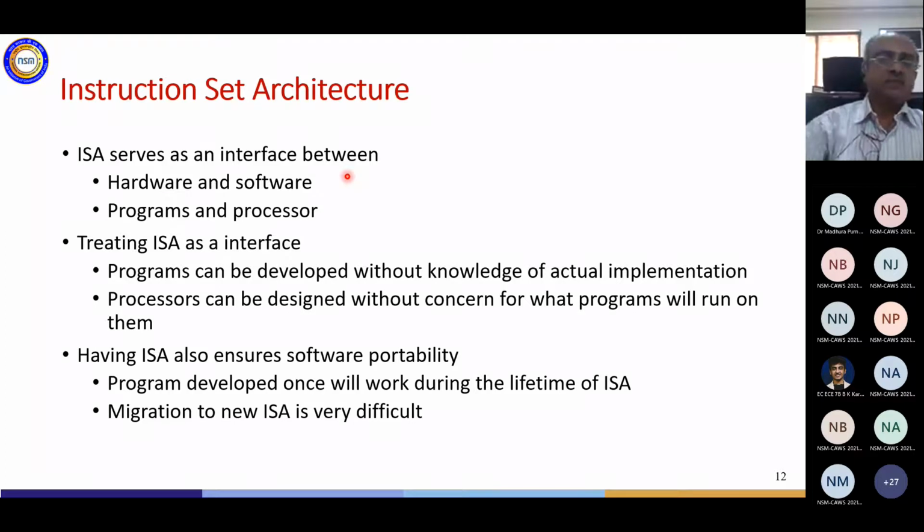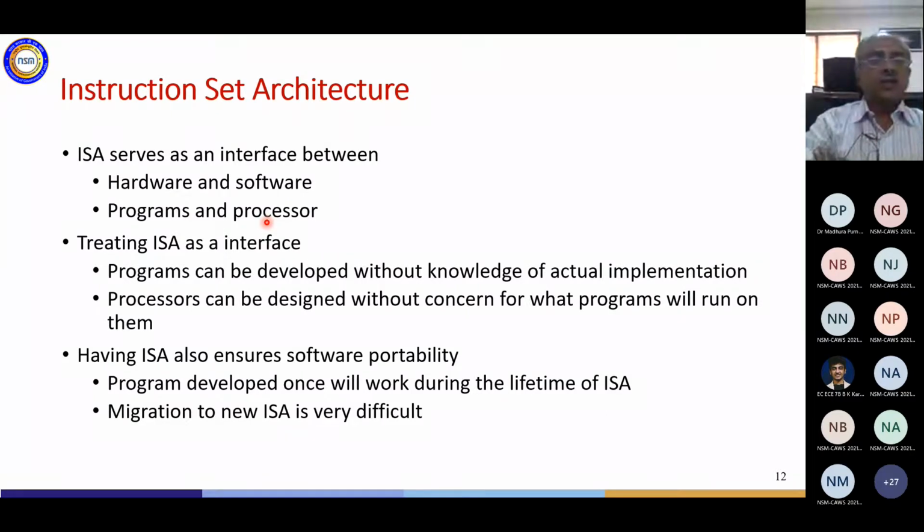So it is an interface between hardware and the software, that you can say broadly. If you want to say it more specifically, it is between the programs and the processor. So the program is the software and the processor is the hardware. The programs run on the processor, and they talk to each other through this ISA.